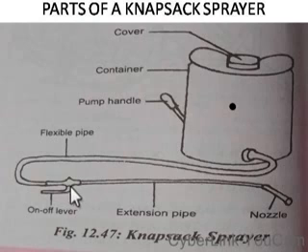It is being controlled at this junction, and this is the extension pipe through which the chemical solution moves to the nozzle. And once you get to the nozzle here, the chemical solution comes out. In the next slide, I will show you the knapsack sprayer in operation.